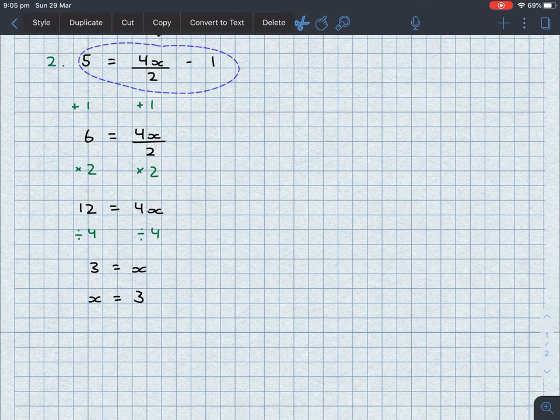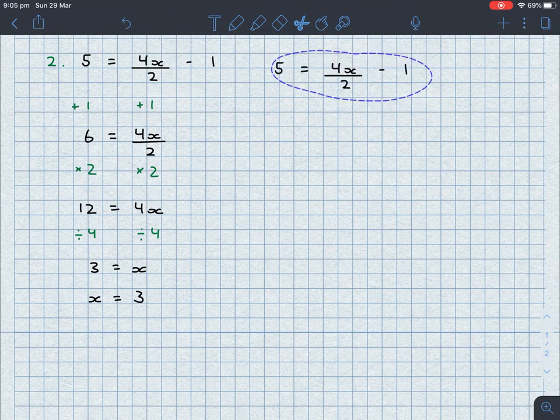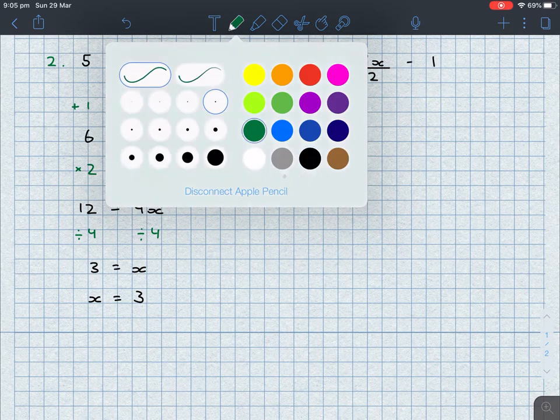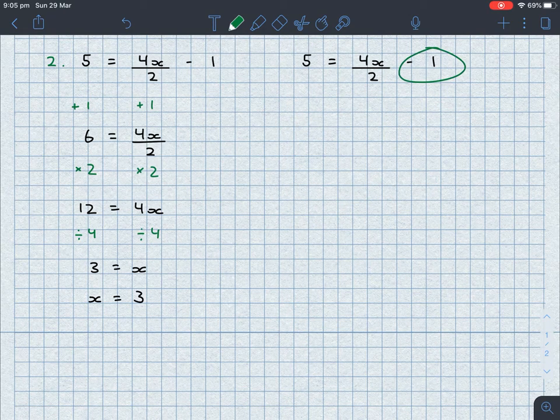Now, the other way of solving this equation is to get rid of the denominator first. But because this doesn't have a denominator, what I'm going to do is I'm going to multiply everything by 2. So it's not just this fraction and then the other side, it's all 3 terms in this equation.